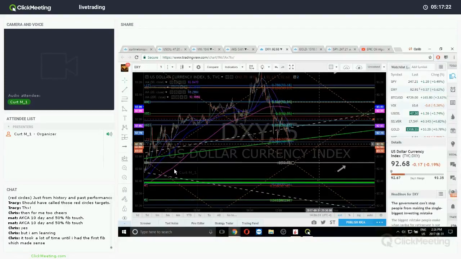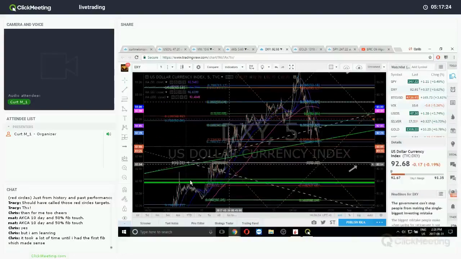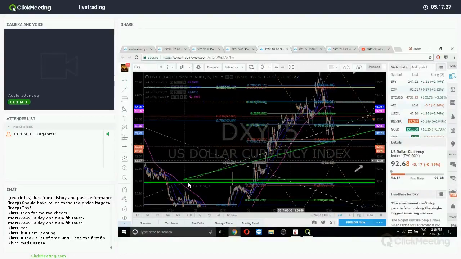But what's really interesting is we calculated where it might happen, and we put that trend line on this chart.